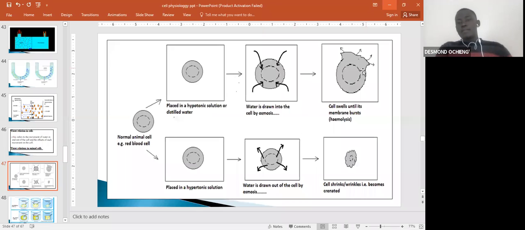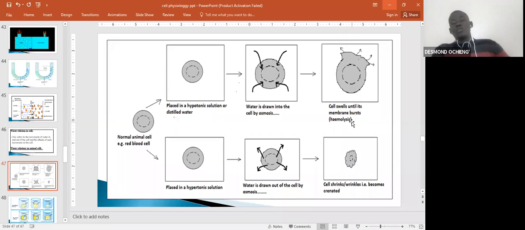In the last diagram here, this is a cell that is bursting. So the cell swells until its membrane bursts. The bursting of red blood cells, or of an animal cell placed in a hypotonic solution or distilled water, is called hemolysis.